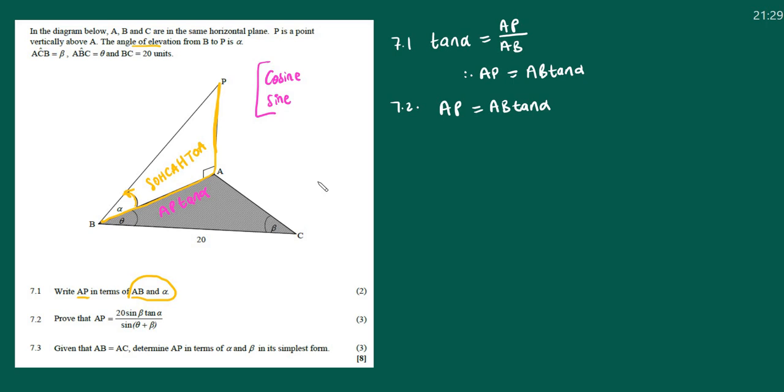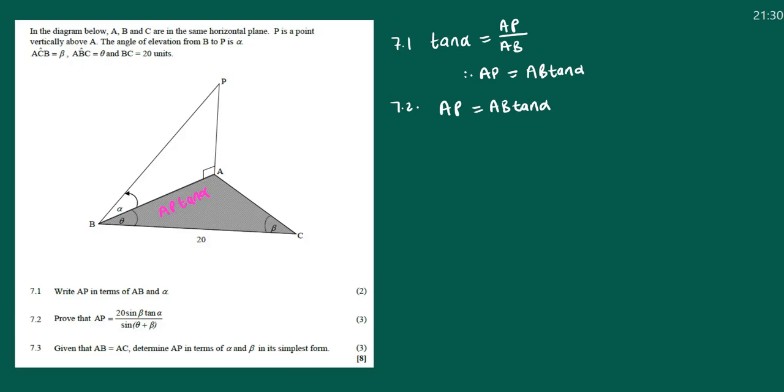Yes, ma'am. So you confused it because you wrote AP tan alpha or adjacent AB instead of writing it to AP. I said tan alpha is opposite, it is AP over AB, right? Okay.